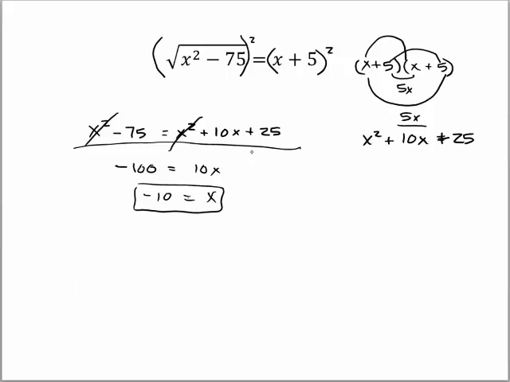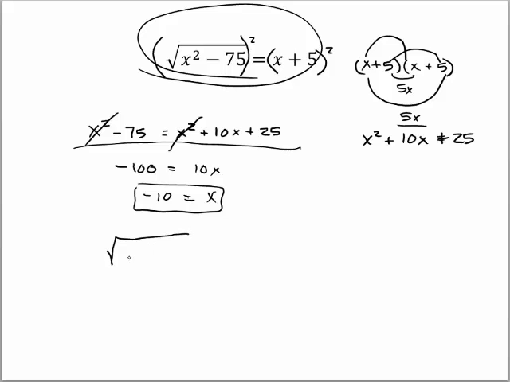Let's put it back in the original equation. That's what we said we were going to do. So the square root of negative 10 squared minus 75 equals negative 10 plus 5. We can simplify that.